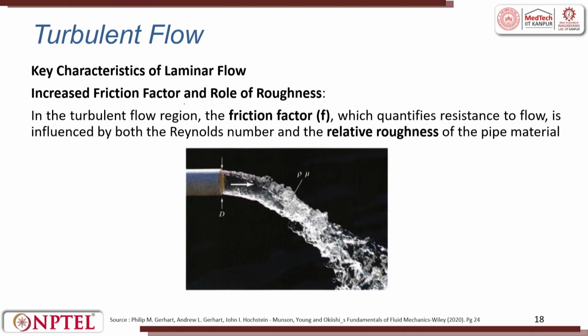Increased friction factor and role of roughness: in turbulent flow, the friction factor f and the relative roughness are very important, because here there is no viscous thin film formed on top of the wall. So, here that plays a very important role. You can see here, this is the D of the pipe, this is the rho, the density of the fluid, and mu is the viscosity.